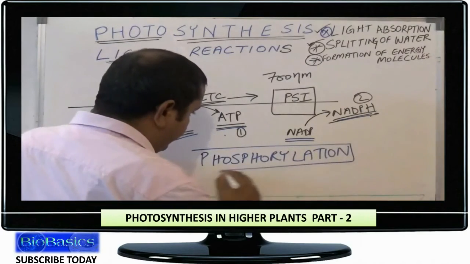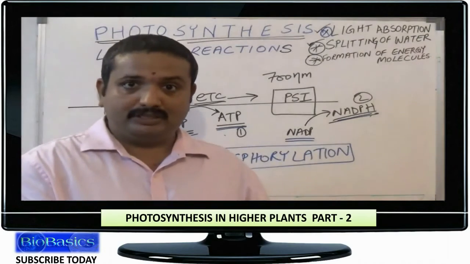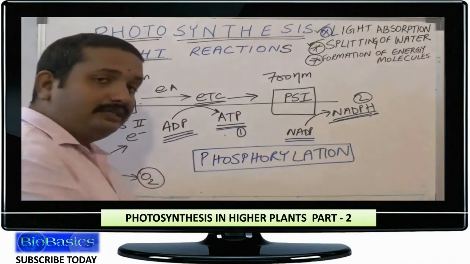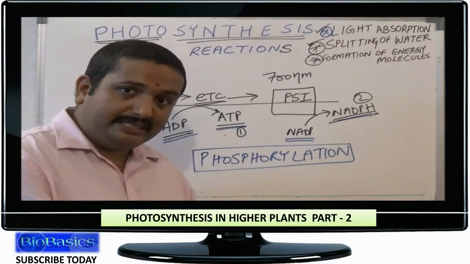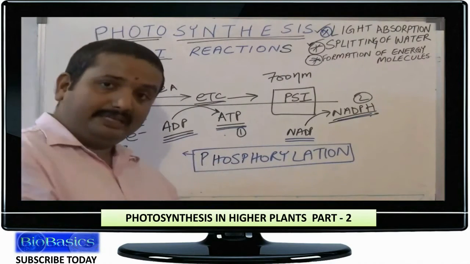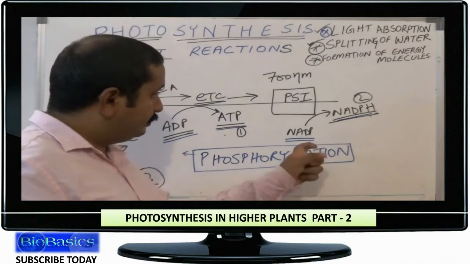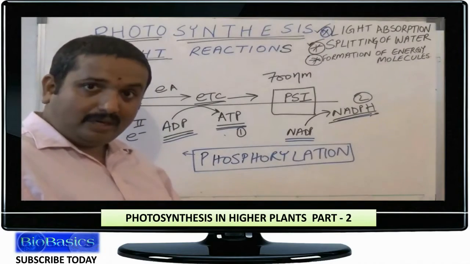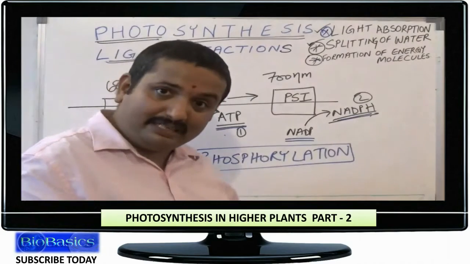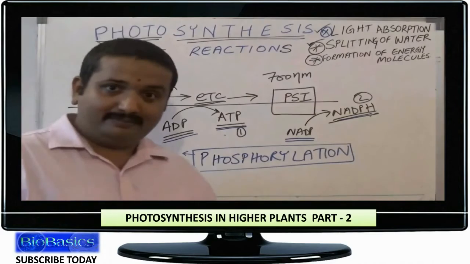Phosphorylation is the story of the formation of ATP molecules, and this will happen only in this particular system at a wavelength of 680 nanometers, and here you generally refer to it, in a general process, as both ATP and NADP molecules being present. But this process cannot happen here, or rather it may happen here, but NADPH cannot be found in this particular system.